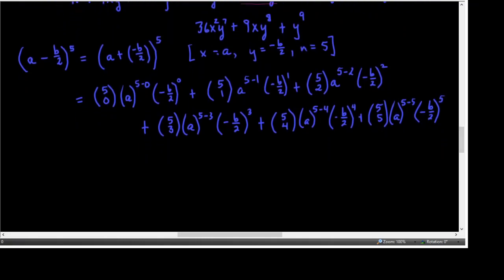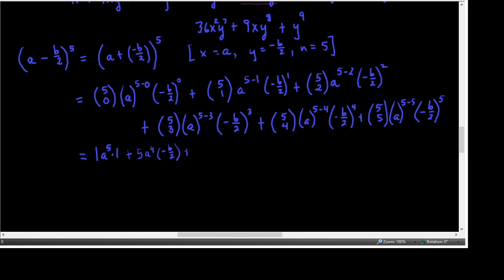Okay, then simplifying, that's 1 a to the 5th times 1. Okay, so plus 5 choose 1 is 5. A to the 4th times negative b over 2 to the first is itself, of course.